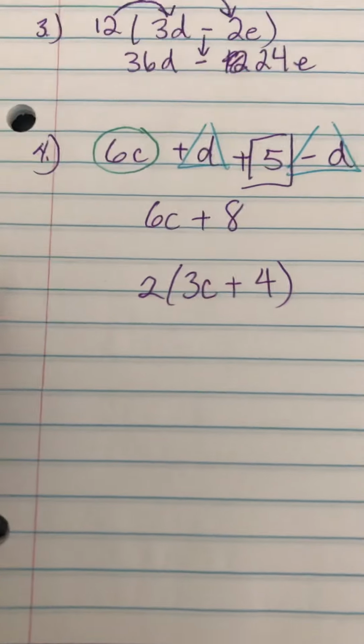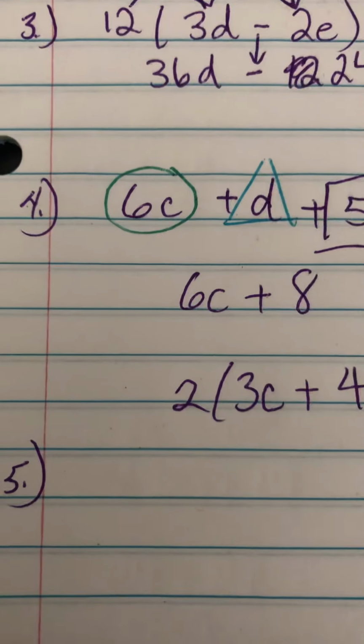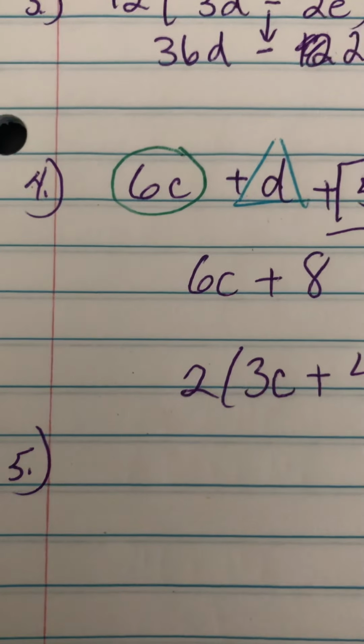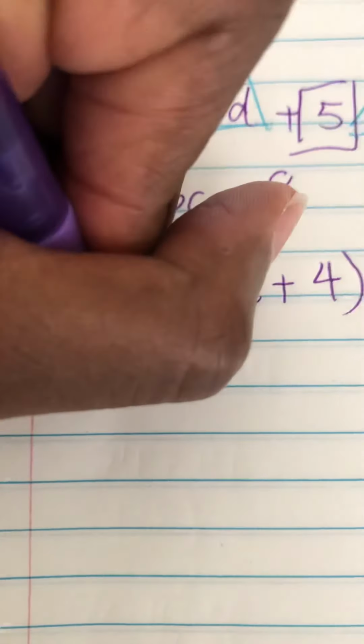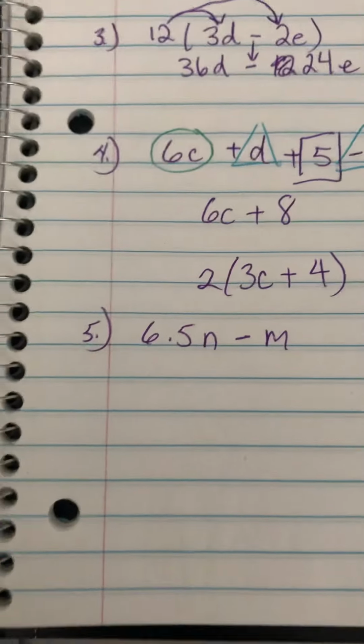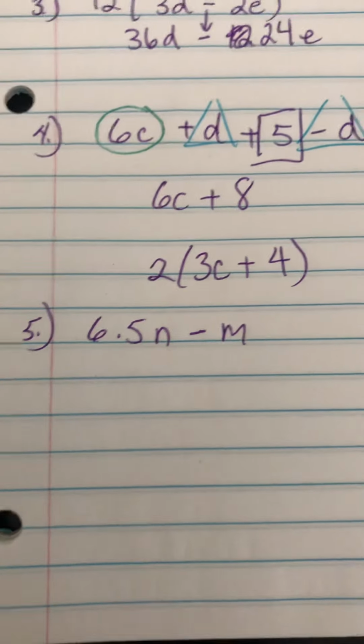Now let's look at number 5. What is the value of the expression when m = -4 and n = 2 2/10? So we have 6 5/10 n - m. Okay, so remember from the last time we did this review with the minus sign, it stays.